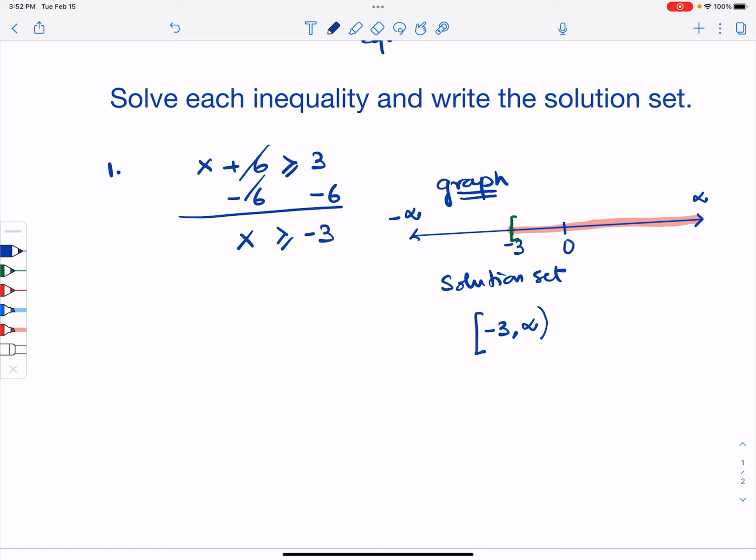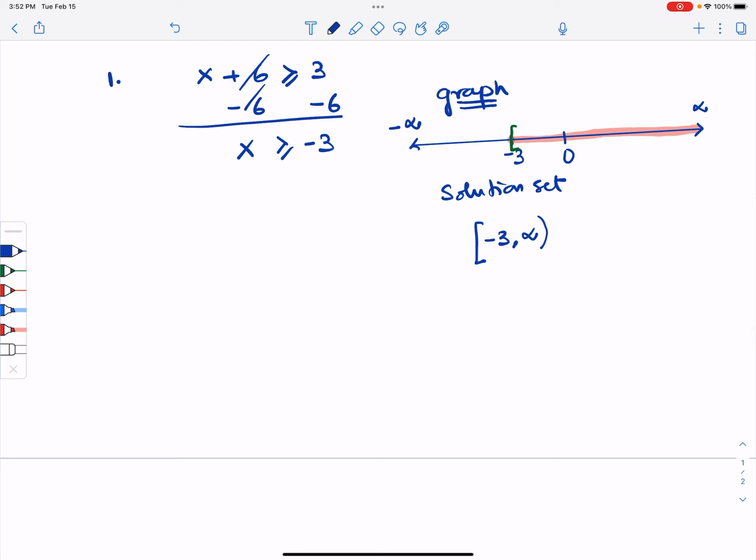All right. Okay, let's take a look at another problem. Same instructions. So let's say you're given -3x is greater than -33. At this point, to isolate x, we have to divide both sides by -3. Okay, so here a new rule emerges.